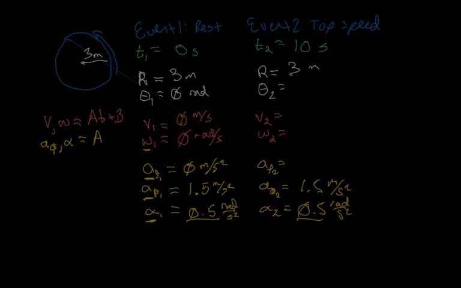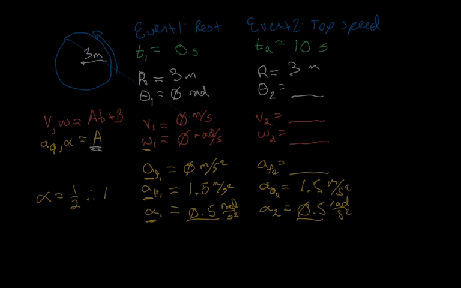However, this value is going to change, this value is going to change, this value is going to change, and this value is going to change. We could do this the calculus way or the kinematic way. For example, in the calculus way, we can determine what this coefficient is. It was given to us, alpha equals 1/2.